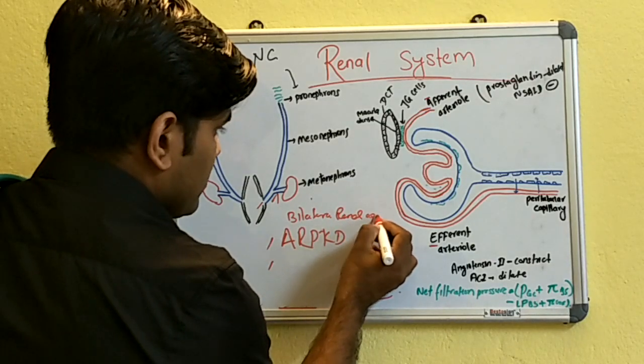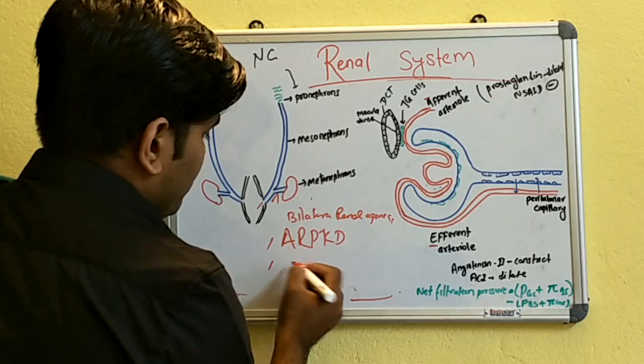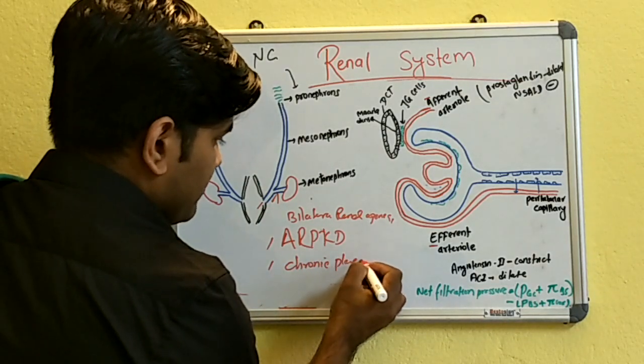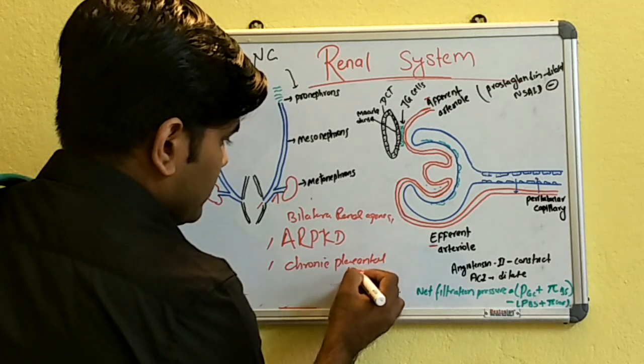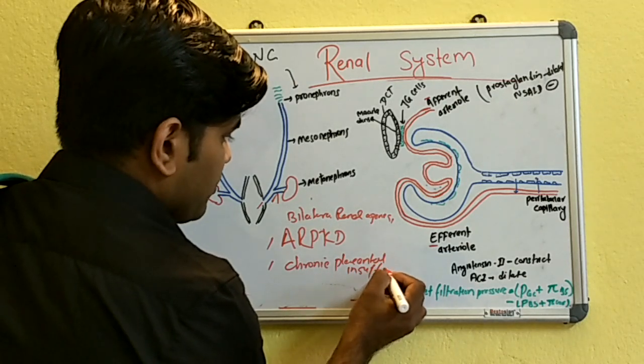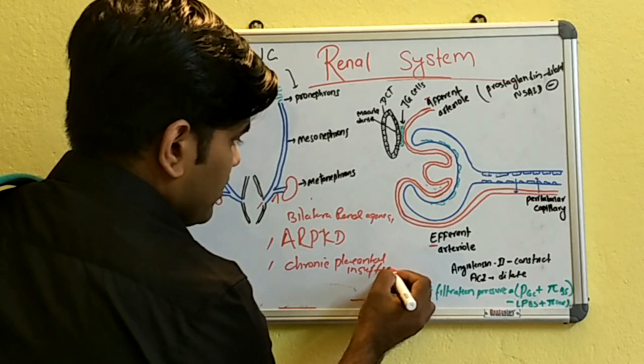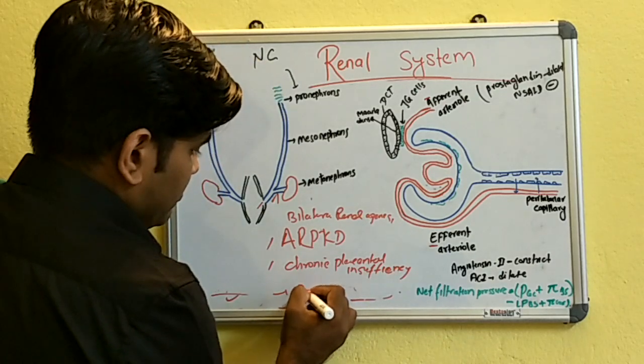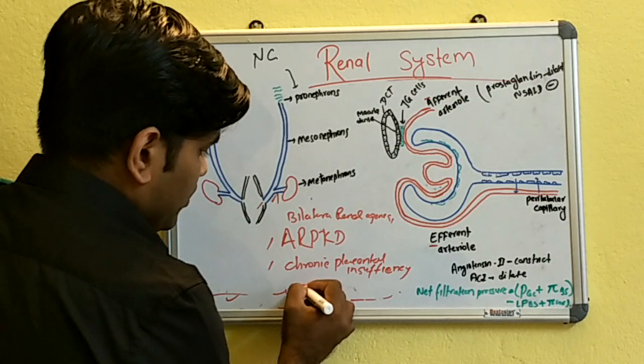Then there will be chronic placental insufficiency. And another will be urethral.